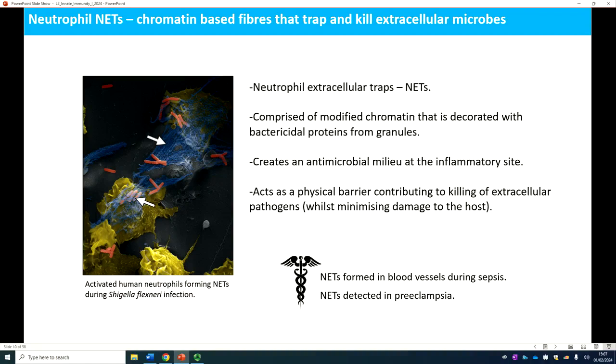And this chromatin will be decorated with bactericidal proteins from the granules. So it helps to provide a physical barrier that can help to contain and kill extracellular pathogens, whilst minimizing the damage that can occur to the host. They are known to play an important role during sepsis, but also during preeclampsia.